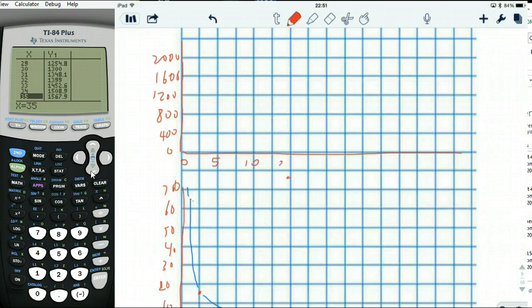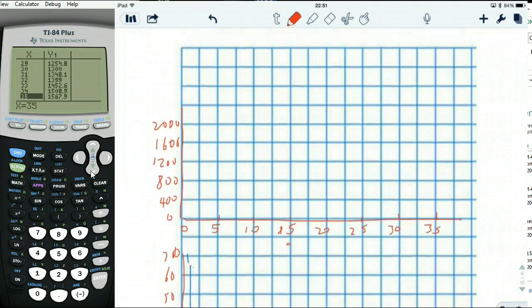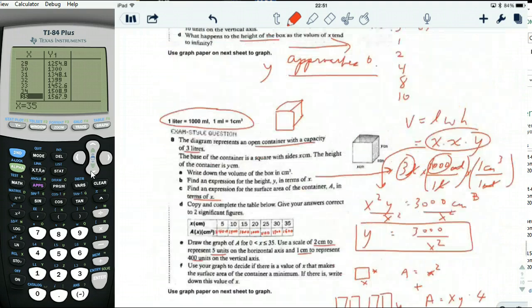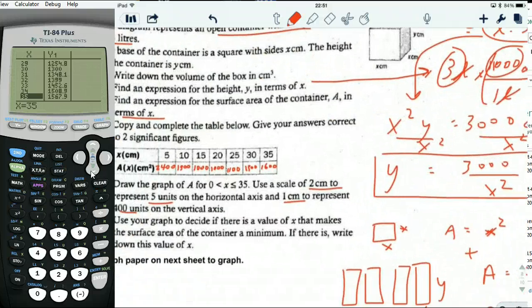Okay. 15, 20, 25, 30. Remember, it goes up to 35, right? Okay. And now these values are really hard to remember. We're going to have to flip back and forth here. For 5, we have 2,400.